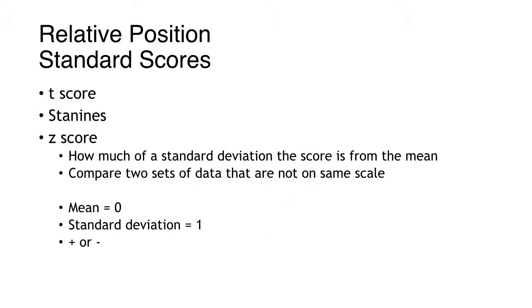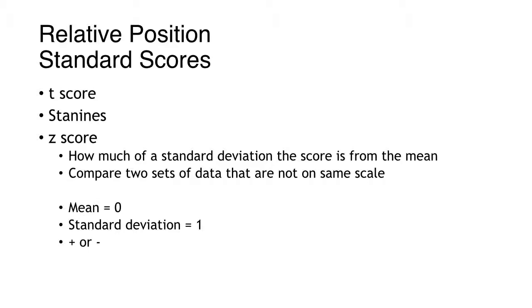When you look at studies, you will also see some other ways of lining scores up and looking at them in a standard way. You'll see T-scores, stanines, and Z-scores. And I'm going to focus on Z-scores because that's probably the most common and useful. Z-scores are telling you a child's Z-score. Okay, I've got to get away from just saying child.